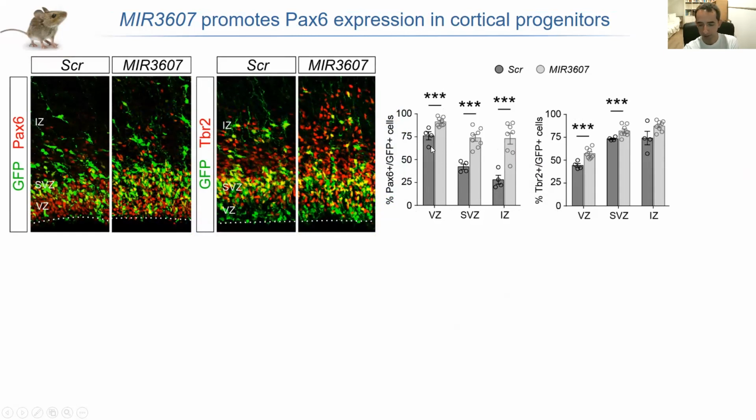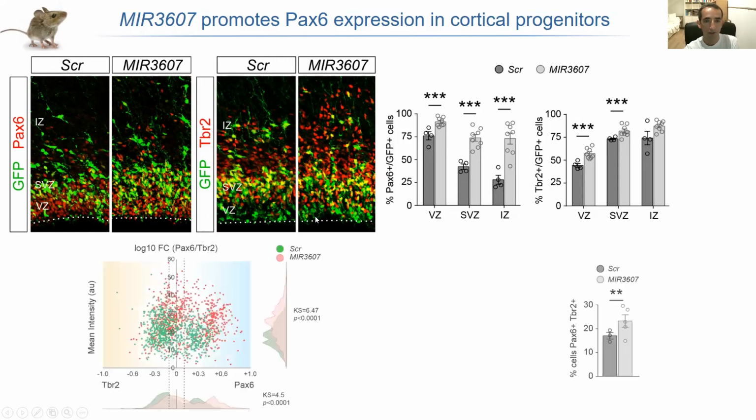And also, looking at the proportions, we could see that at least a very significant amount of progenitor cells might be co-expressing both PAX6 and TBR2. So Kavya looked at the expression levels at the protein level of individual cells, and she plotted that here, comparing the expression levels of PAX6 and TBR2.